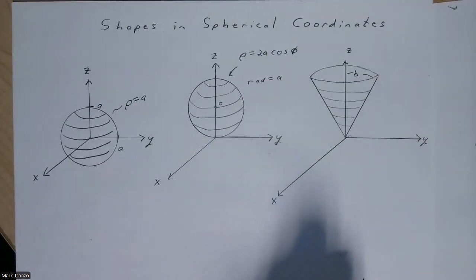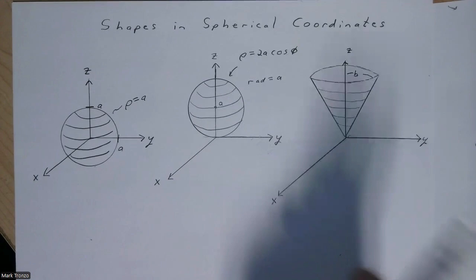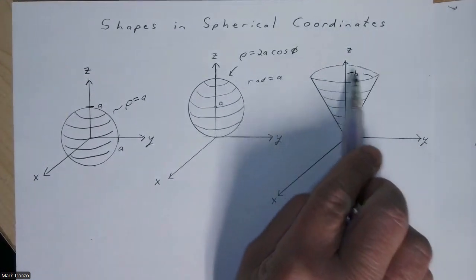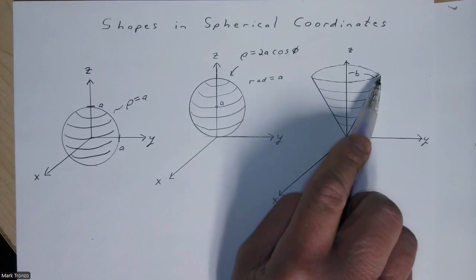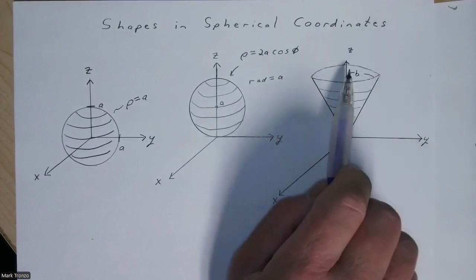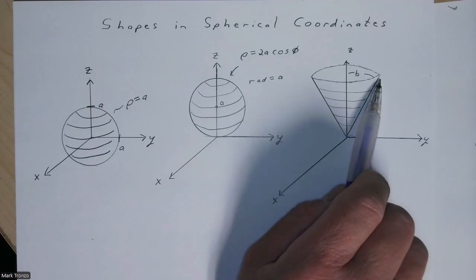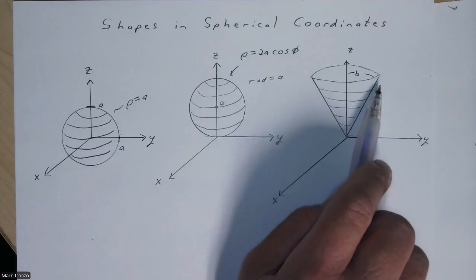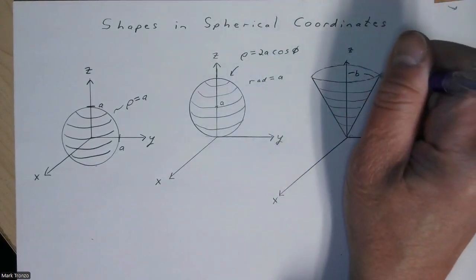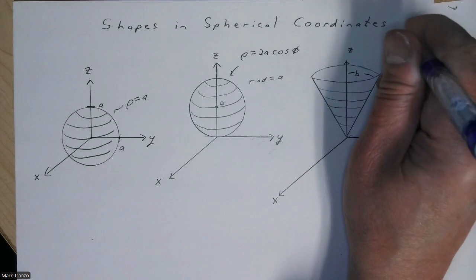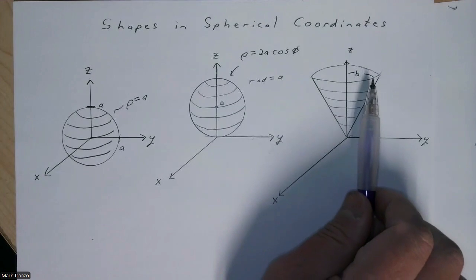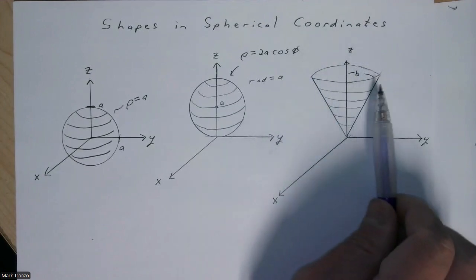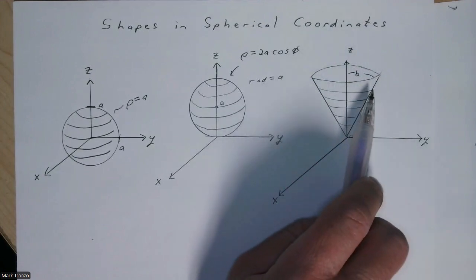Now, for a cone in spherical coordinates, let's say this angle B here is maybe pi over 4 or pi over 3. Then if you generate that angle and allow all possible values of rho, that'll extend out forever, and all possible values of theta will repeat this angle all around the z-axis.